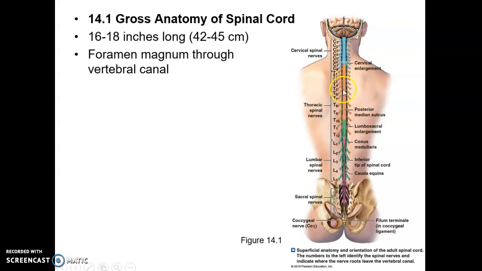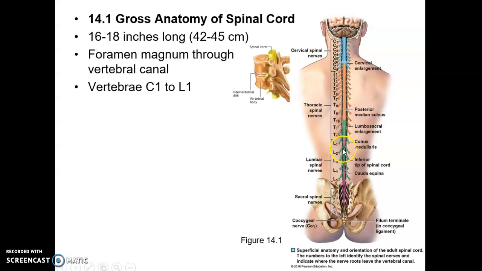And your spinal cord extends all the way down through the vertebral canal or the vertebral foramen. Remember that fairly large opening in each vertebra. So here in yellow is the spinal cord coming down through the vertebral canal of the vertebra.